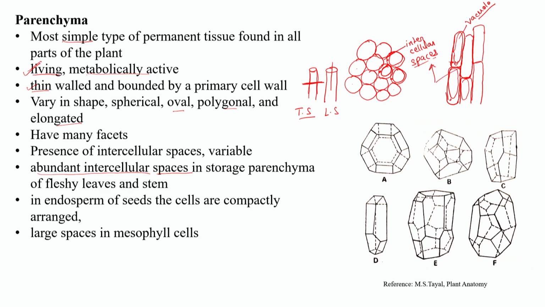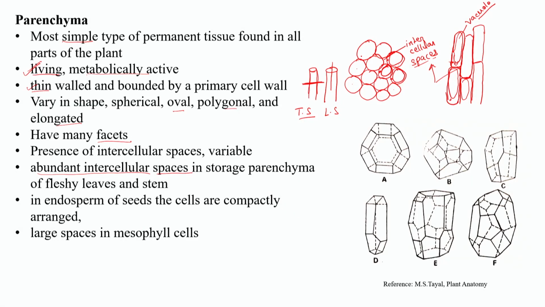Now, this parenchymatous tissue has many facets. What does this mean? Basically, they start their formation in the form of a sphere, but because so many other cells are surrounding the tissue, they form sides and appear in a polygonal shape.